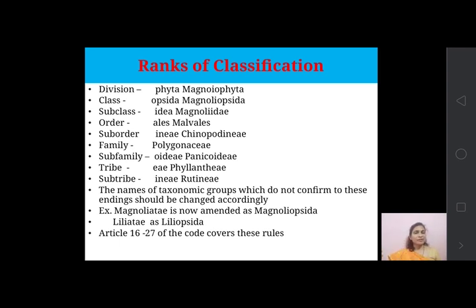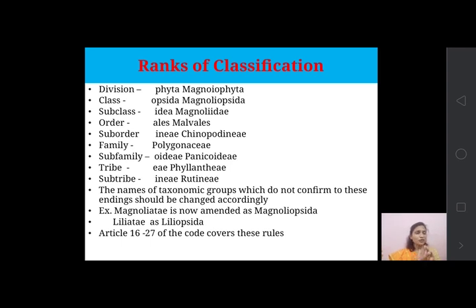Then tribe always ends with -eae, for example Phyllantheae. Then subtribe always ends with -inae, for example Rutinae.